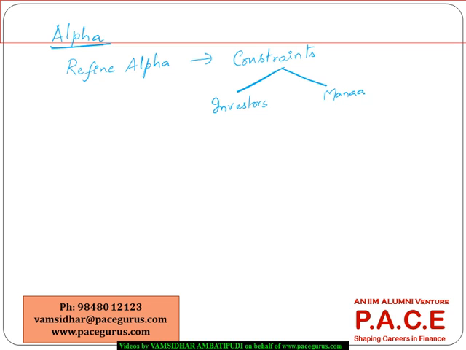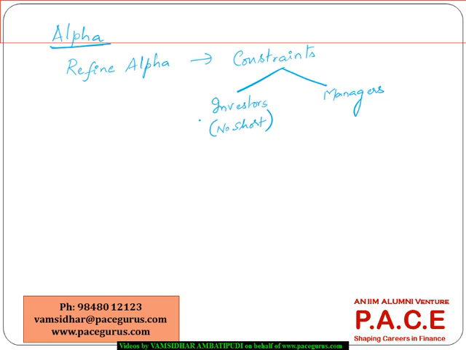From the investor's perspective, there could be some level of constraints, like short selling is not permitted on some of them. So when there is no short selling, obviously for the alphas which are negative, I may not take any kind of advantage out of them. So some kind of refining of those alphas has to happen to take into consideration all the investor-related constraints.